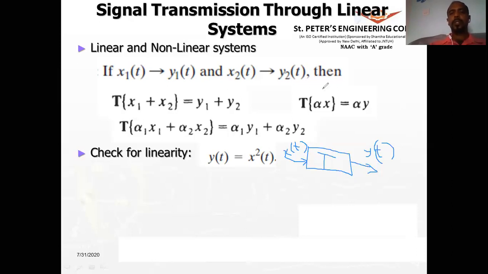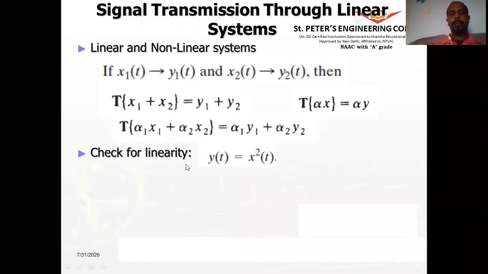So for each problem, whatever is given, you should understand what the system is doing, what is the T operation performed. All right, I hope now the T operator is clear. So x of t is the input, y of t is the output. What is T of x of t? T of x of t is nothing but squaring of x of t.